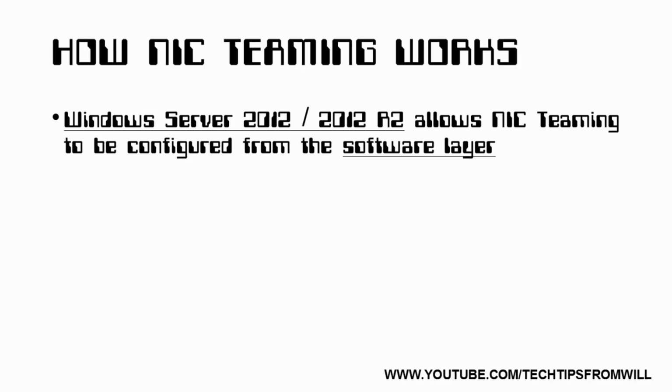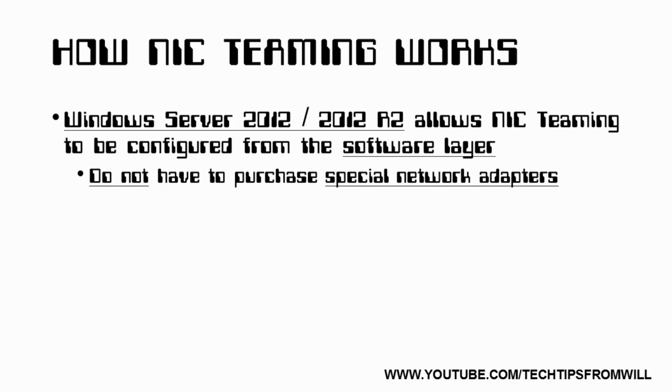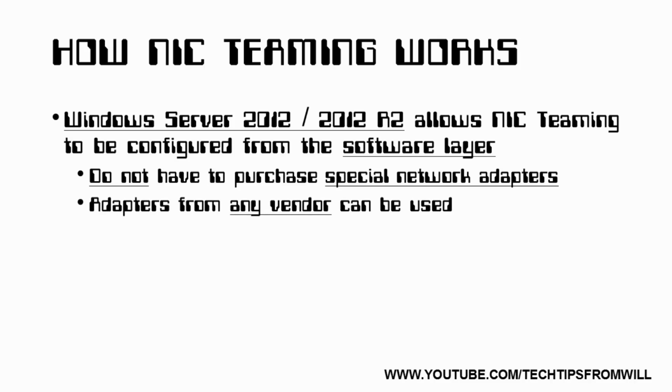This provides a number of advantages. First, it means that the administrator is not required to purchase any special network adapters to get the feature to work. With NIC Teaming, you can create a team using network adapters from practically any hardware vendor.